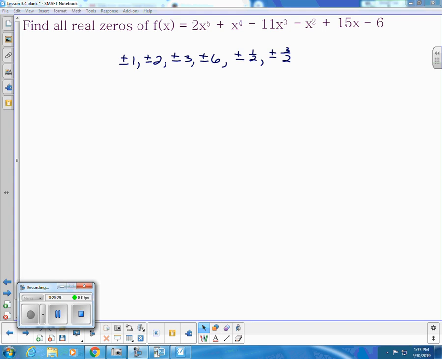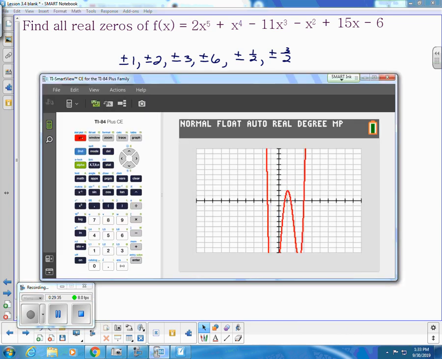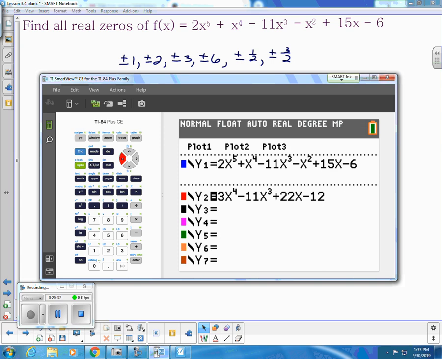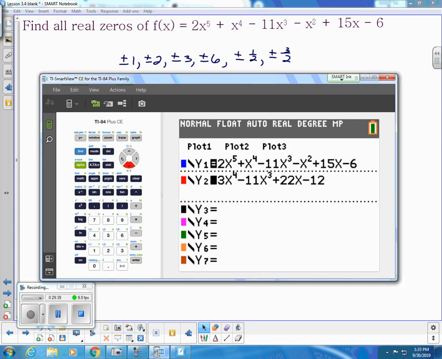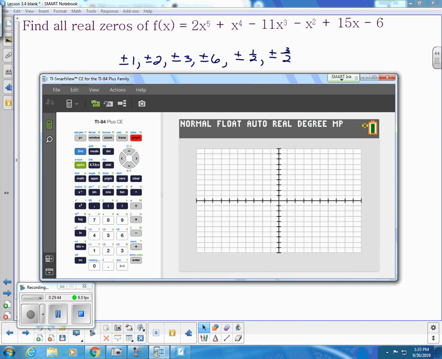Okay. So when you're using your calculator, instead of graphing this, which you could still graph, okay, I can still graph it and say, I can see that -3 is before any of them.